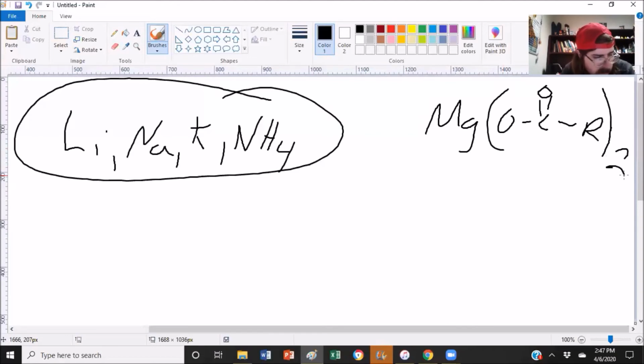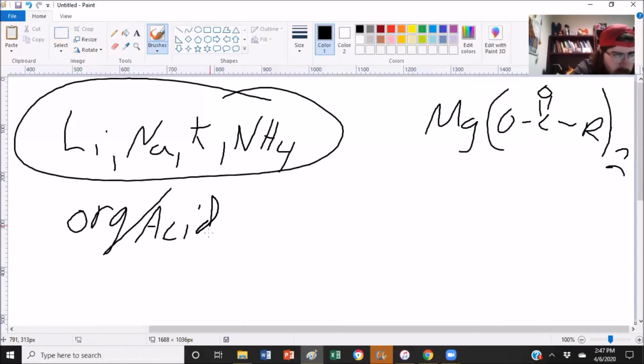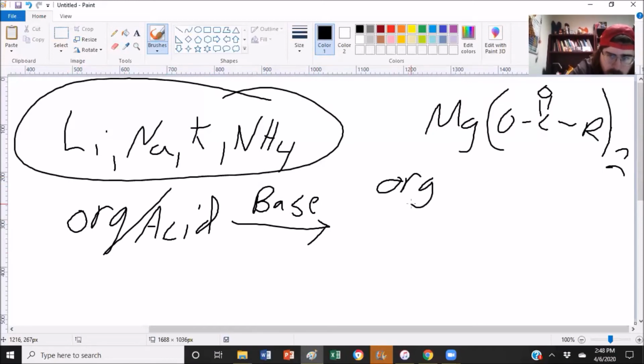Now, these salts are usually highly soluble in water, and they're poorly soluble in organic. So the idea here is that if you know how to use these salts, you can use this to separate acids from solution. Say you start with organic with acid, and you want to remove the reactants from the products. So step 1, you basify, add base. And then there you have organic, and you have aqueous, and then this gets removed.